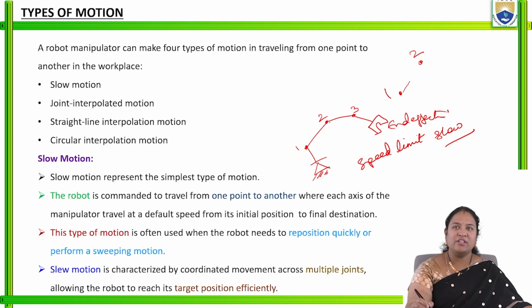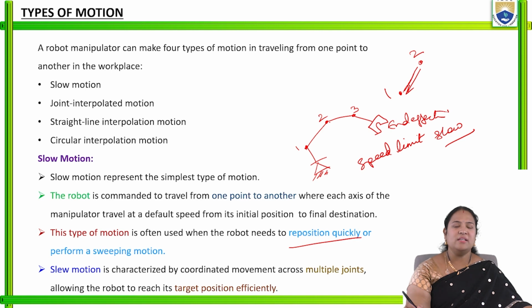The movement is in a slow time and reaches back to its original position in the same constant of time, where the robot will reposition quickly or perform a sweep motion.